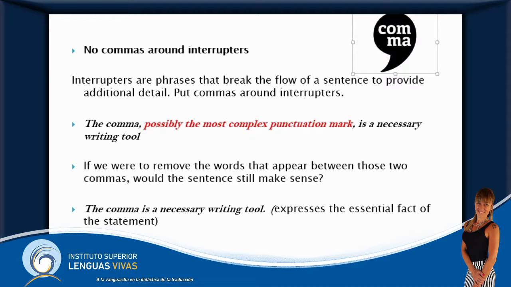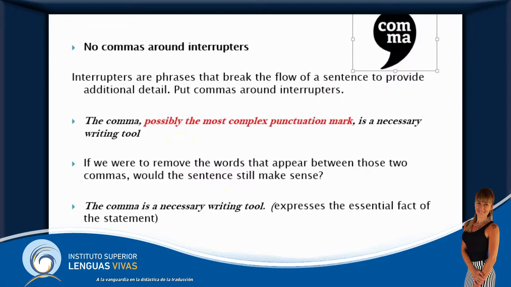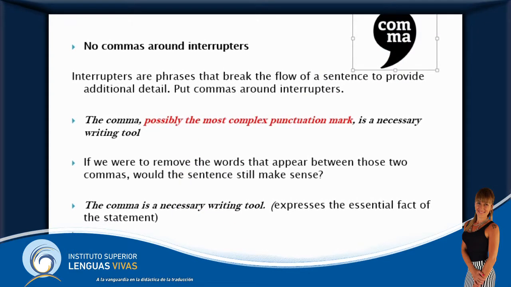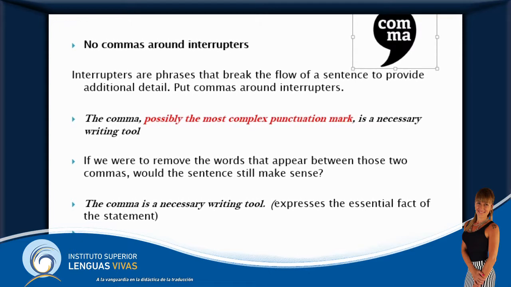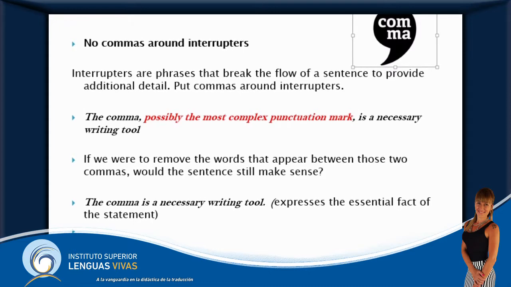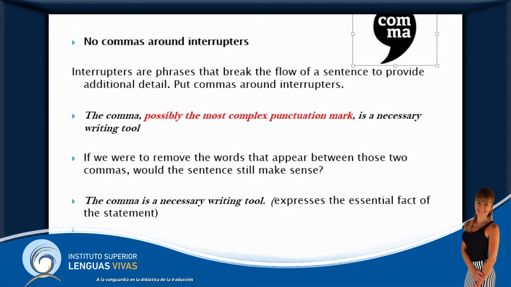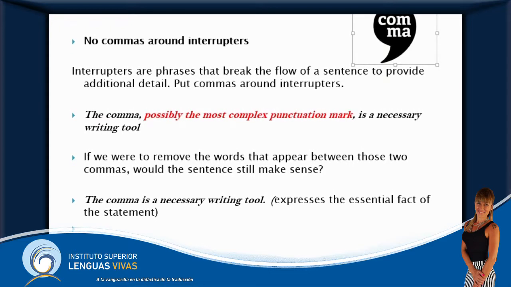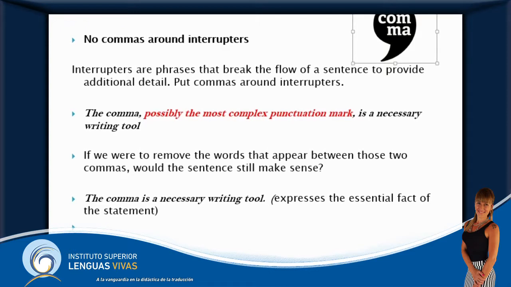Then, no commas around interrupters. You know that interrupters are phrases that break the flow of a sentence to provide additional detail. You must always put commas around interrupters. You have an example here. The comma, possibly the most complex punctuation mark, is the necessary writing tool.